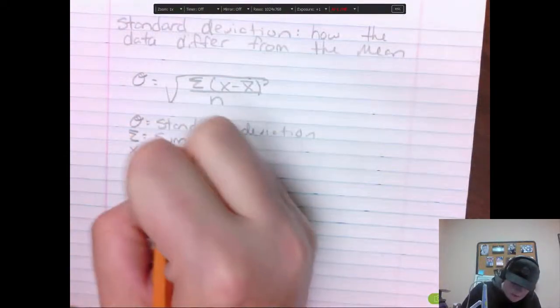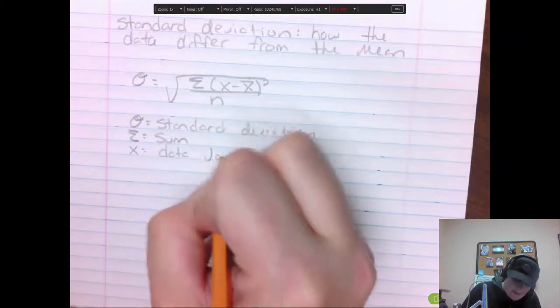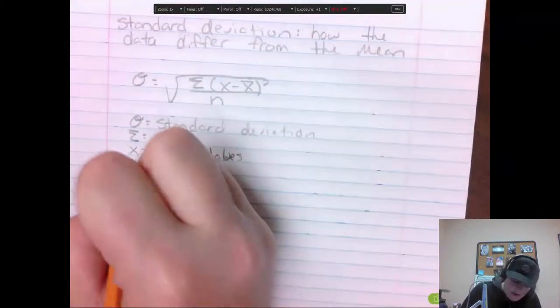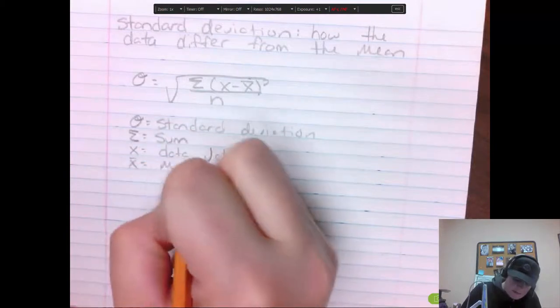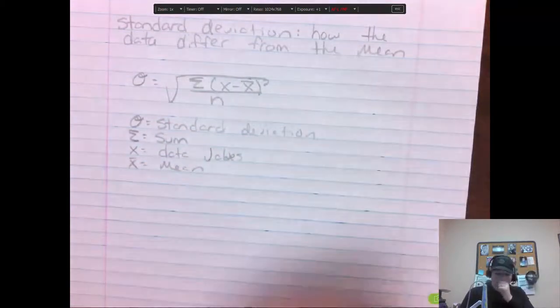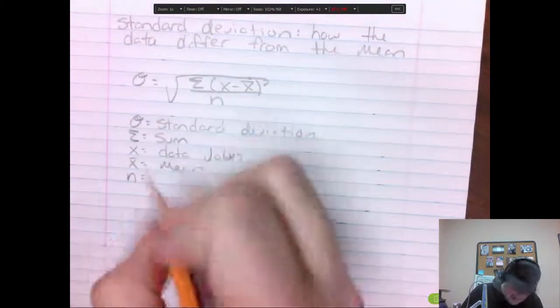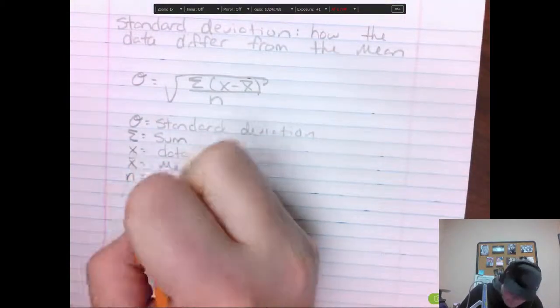And they don't use the ones on them, but same idea, data values. And then the X bar is still your mean. An absolute value you should know. Okay, so this is kind of the idea. Oh, and N is still the number of data that we have.